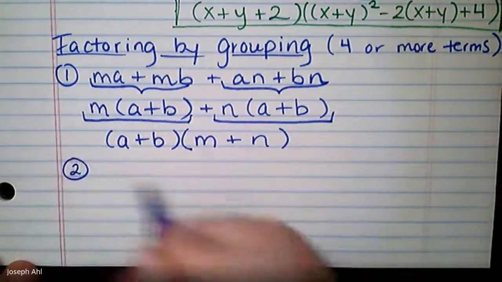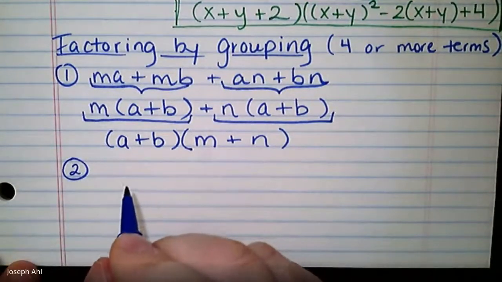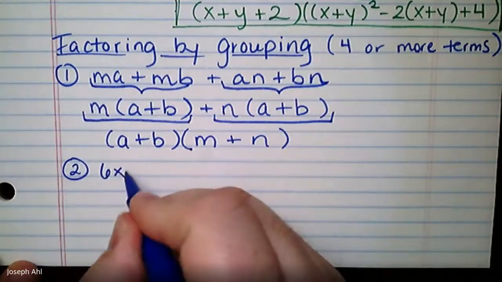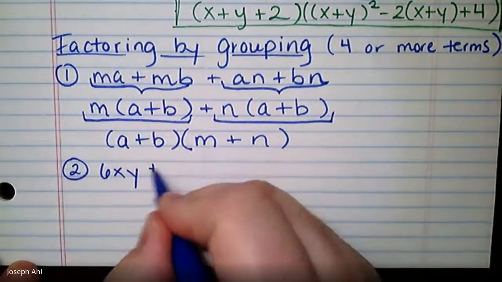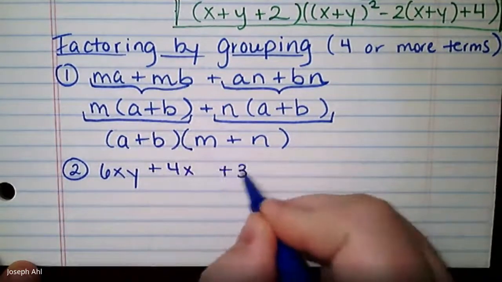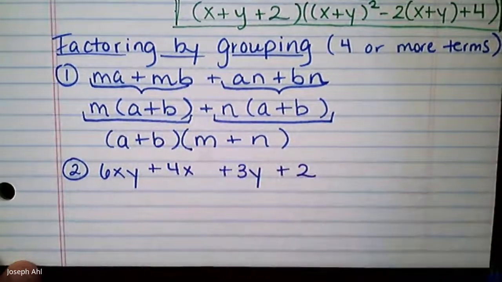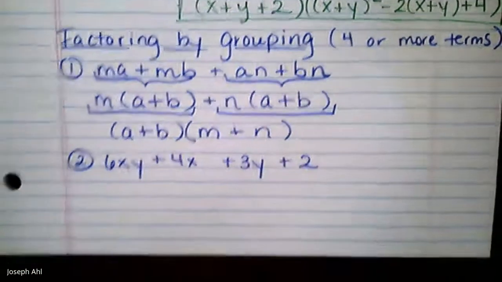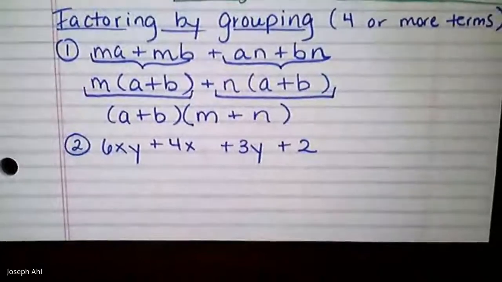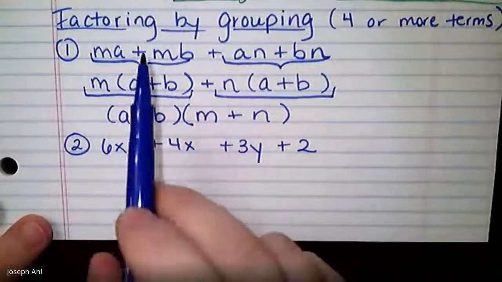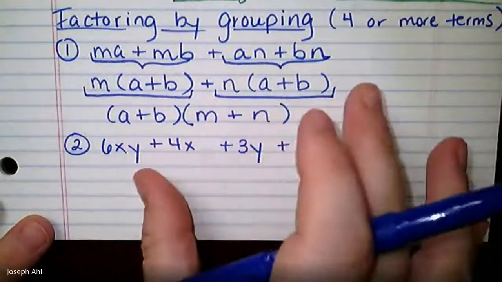Okay, so the next one, let's take a look at 6xy plus 4x plus 3y plus 2. Okay, so for this one, is the grouping always going to be 2 and 2? Not necessarily.